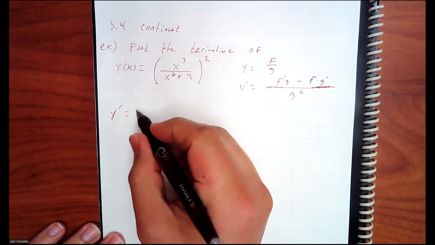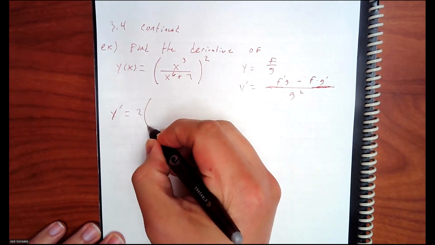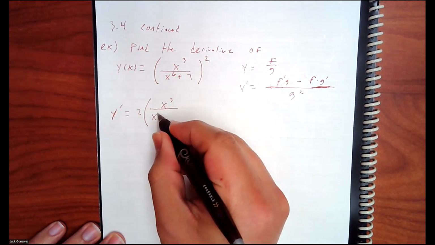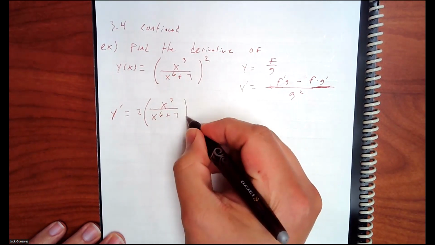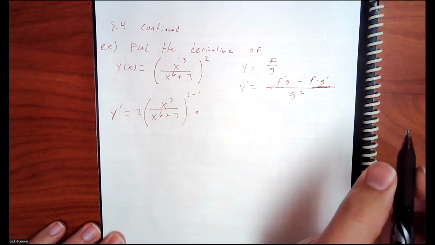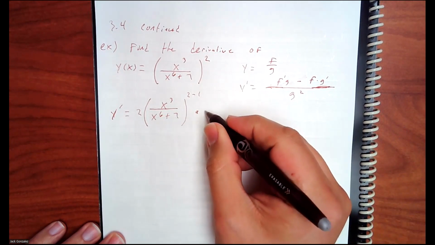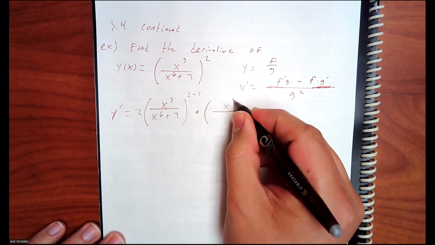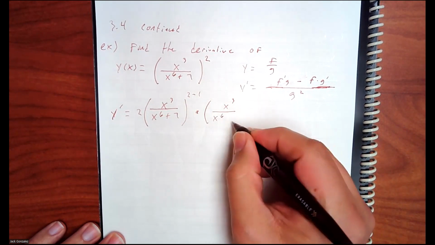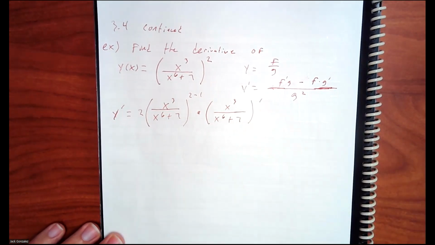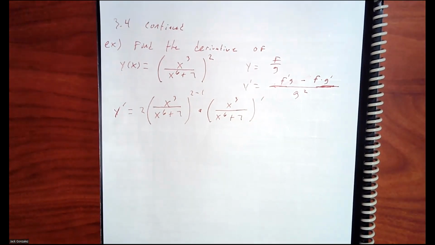You bring down the 2, right, and you subtract by 1. Then you multiply by the derivative of the inside. So this is the part that's hard, or has a few extra steps, I guess. So I'm gonna put a quote to say we're doing that derivative next.